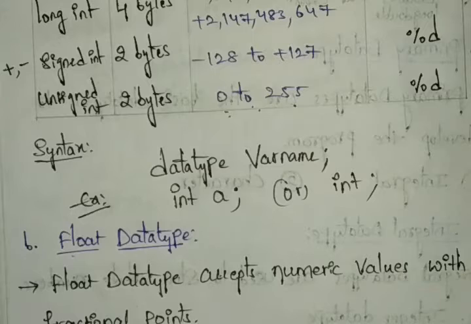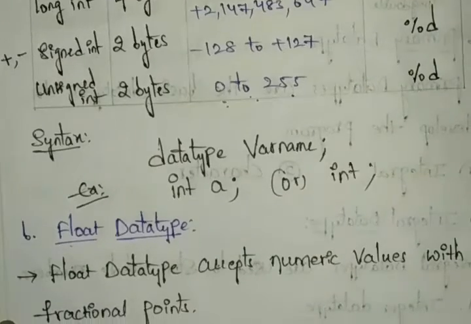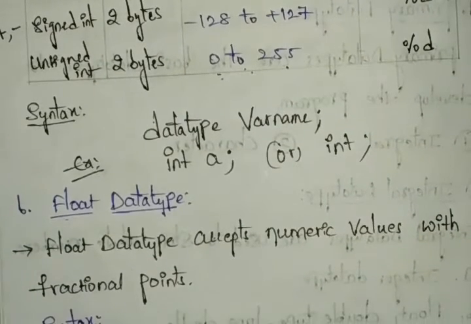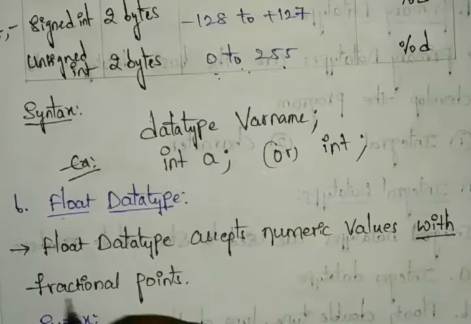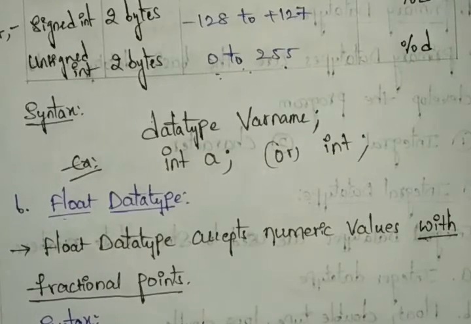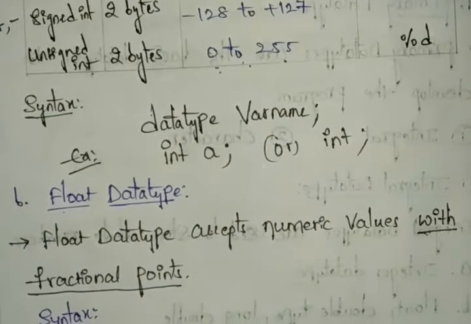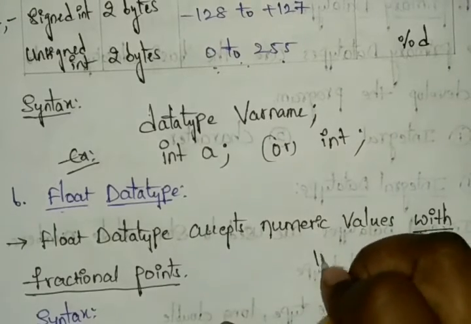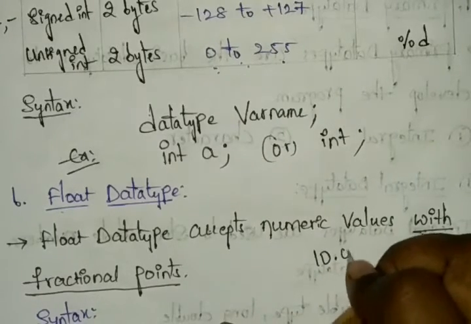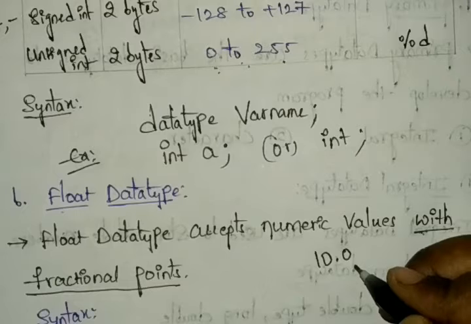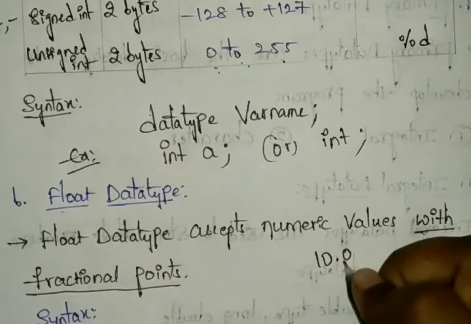The integer data type accepts only numeric values, right? The float data type accepts values with fractional points. Suppose we have the value 10, it will become 10.0. Without your interaction, it automatically chooses the point values.